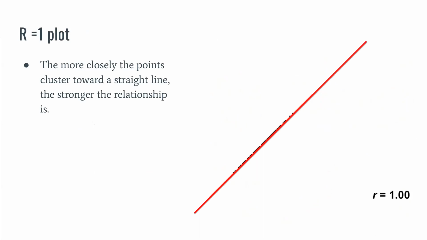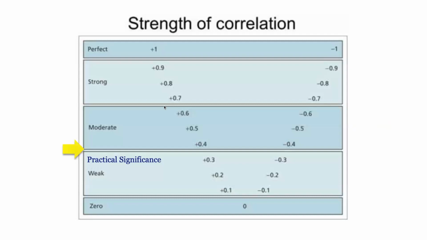So let's look at the R equals 1 plot, which is basically almost a straight line. We can see that the more closely the points cluster toward a straight line, the stronger the relationship is. Here's a graph diagram that shows strength of correlation.